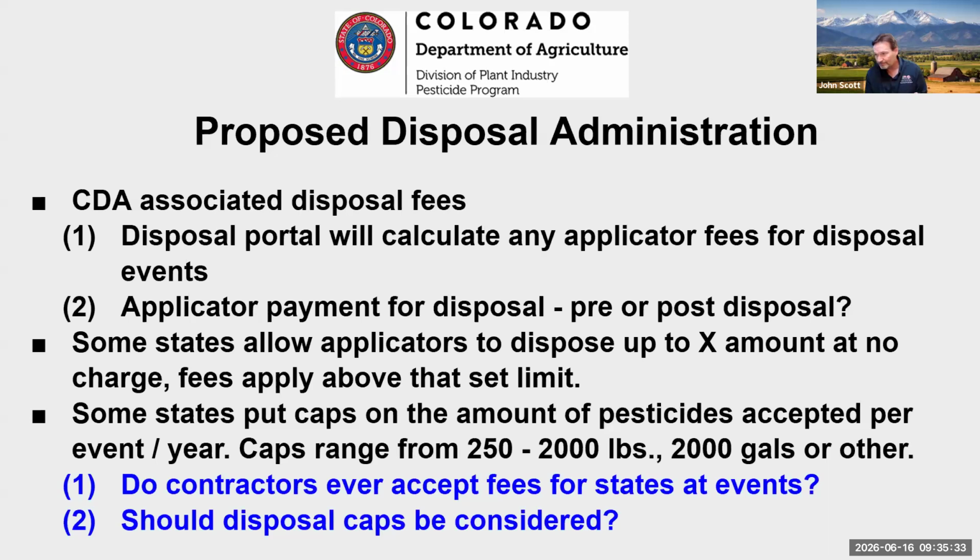A few other questions we've looked at: some states allow applicators to dispose up to X amount at no charge, and then fees apply over that set limit. We've also seen some states put caps on the amount of pesticides accepted per event per year. Those caps range from 250 to 2,000 pounds, 2,500 pounds, or 2,000 gallons.